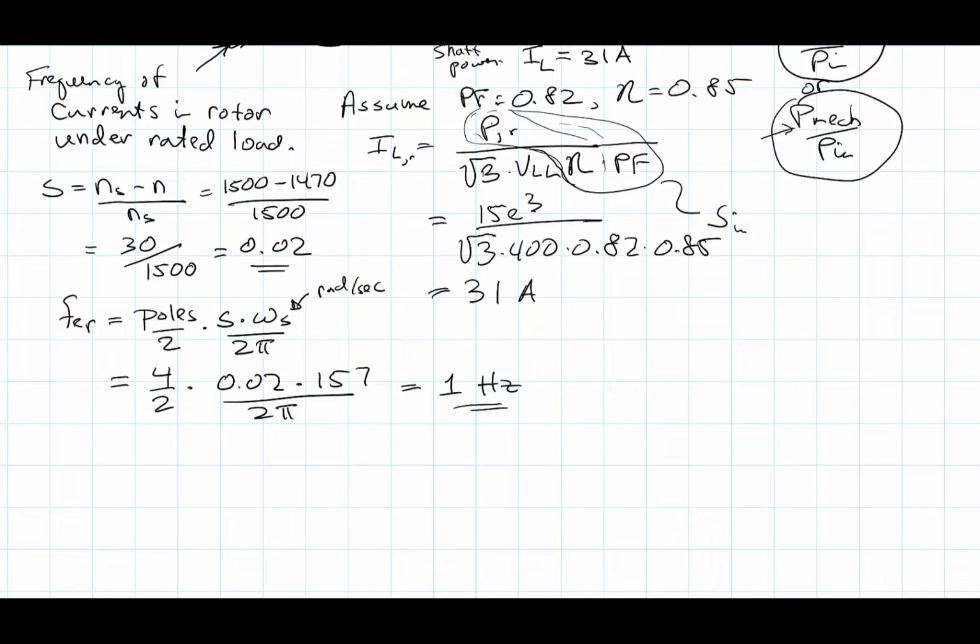So let's double check that. 2 times, that's what this is, 0.02 times 157 is 3.14, divided by 2 pi. Yeah, it's going to be about 1. So basically this is pi, 2, that's pi, that's 2, and that's pi. It's exactly 1 hertz pretty much.